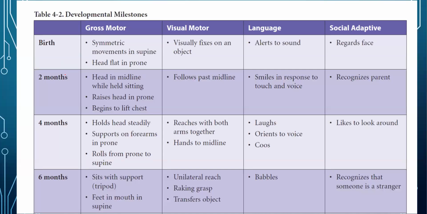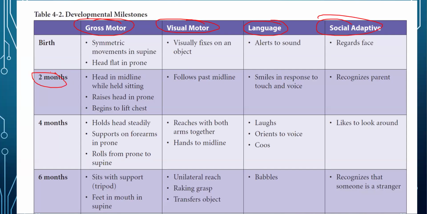So coming back to developmental milestones, there are 4 domains that every child should have. Gross motor, which basically means walking. Visual motor, using fine movements, that means using a pen, using the thumb. So fine motor or visual motor, language, and social skills.